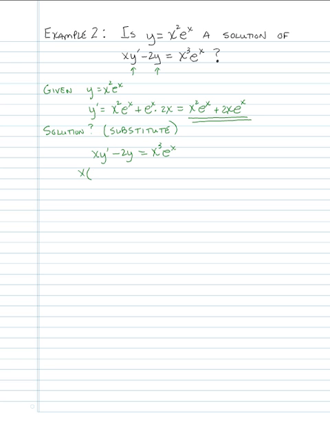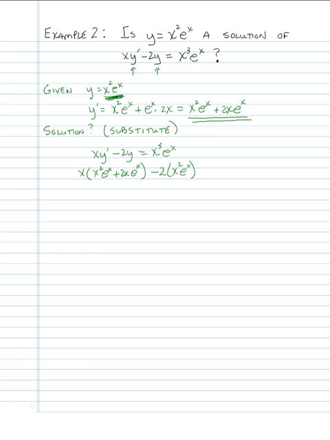So we'll have x squared e to the x plus 2x e to the x, then minus 2 times our y value. Well, of course, y is right here, that's x squared e to the x. So we replace y with x squared e to the x.